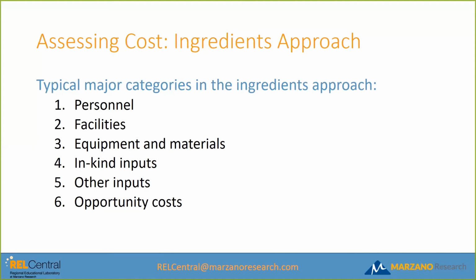And it's not just teachers. You want to think about administrators who are required to oversee the project, coaches, support staff, substitute teachers, things like that. And oftentimes districts don't necessarily consider all these costs when they're thinking about an intervention.